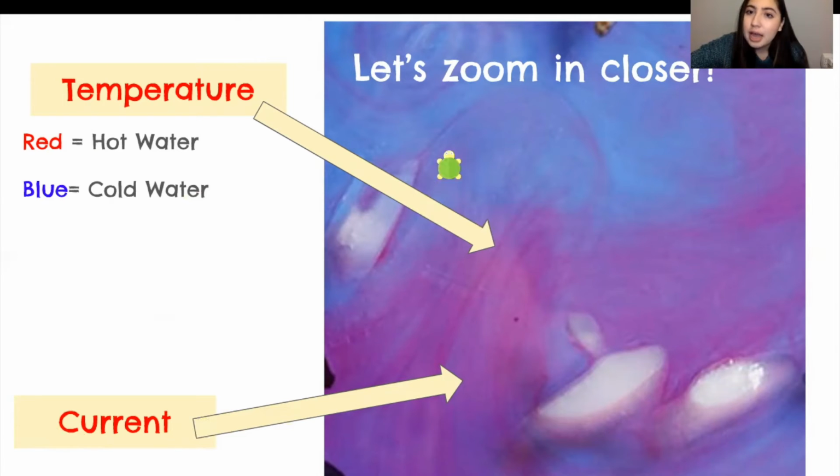And we can see that here. We know that currents move in circular motions. And we see that here. If I take my turtle and we move with the water, we see that the water is circling and it's forming a current. It's moving. And that's because we put the red water, the hot water, and the blue water, the cold water together.